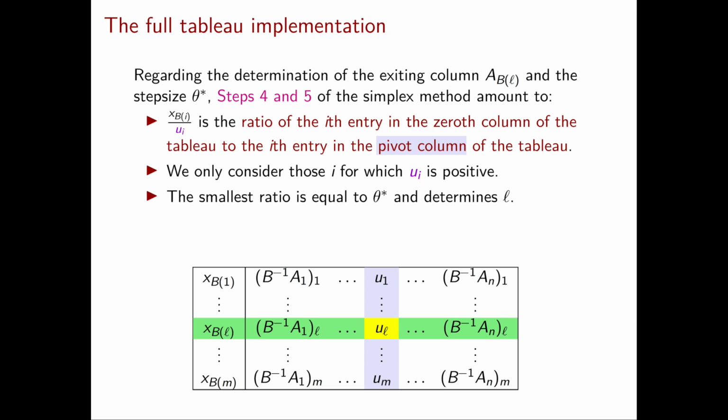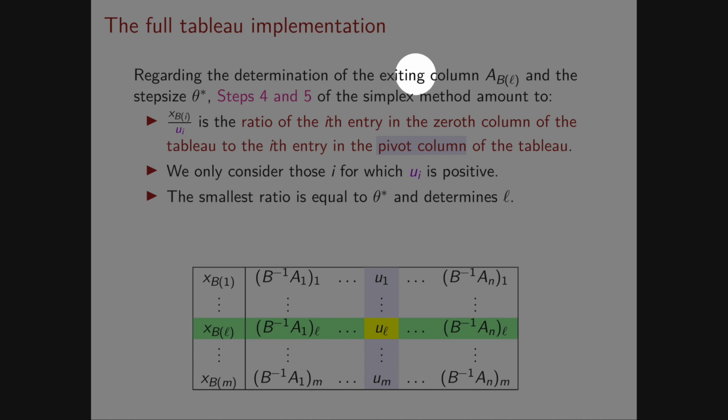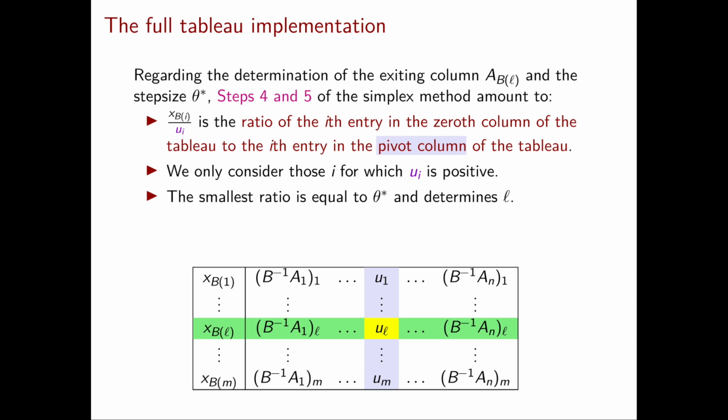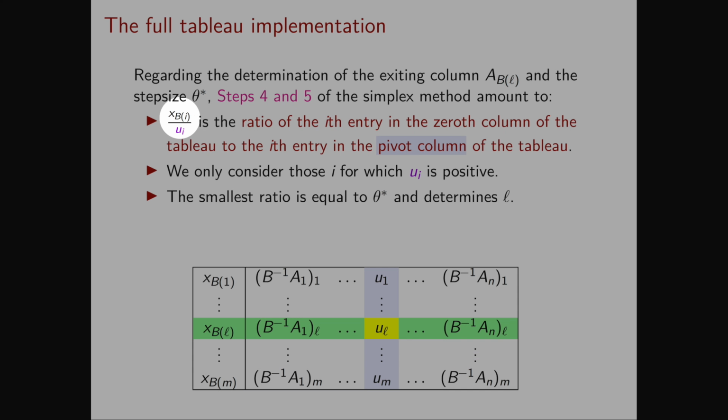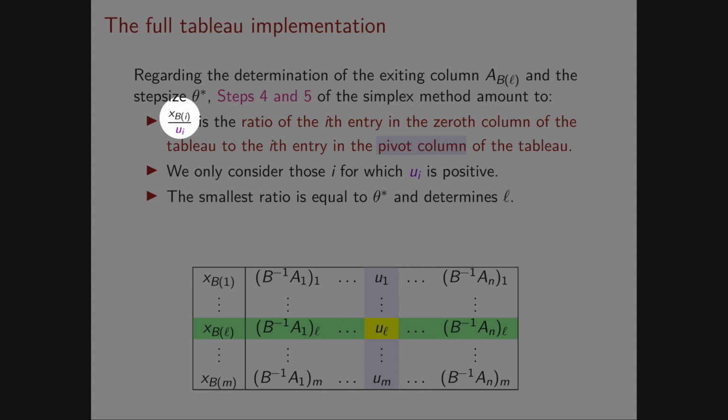Similarly, let's see how we can rephrase in our full tableau the determination of the exiting column A_B(l) and the step size theta star, which are performed in our steps 4 and 5. Now, theta star is defined as the minimum of the x_B(i) over u_i's. And now x_B(i) can be found in the tableau in the 0th column in row i, while u_i can be found in the pivot column in the same row i.